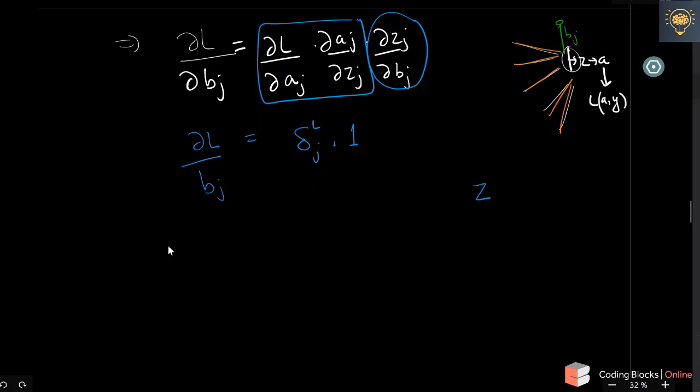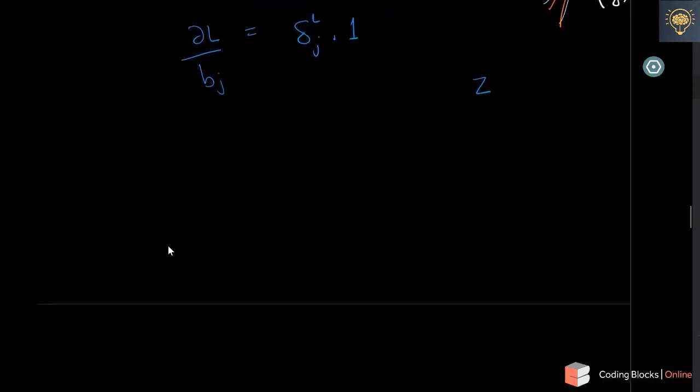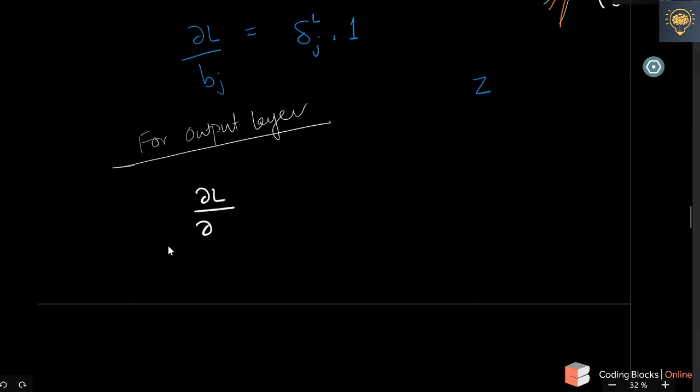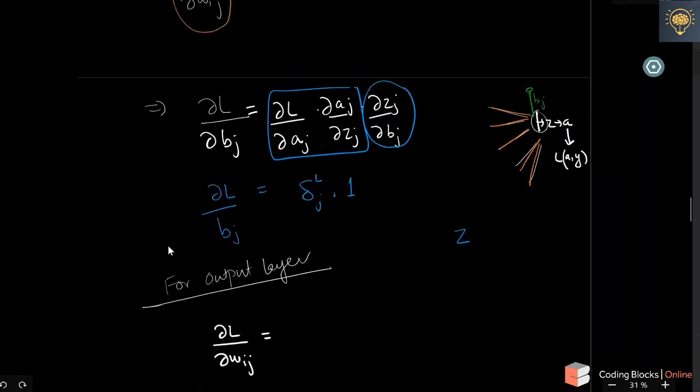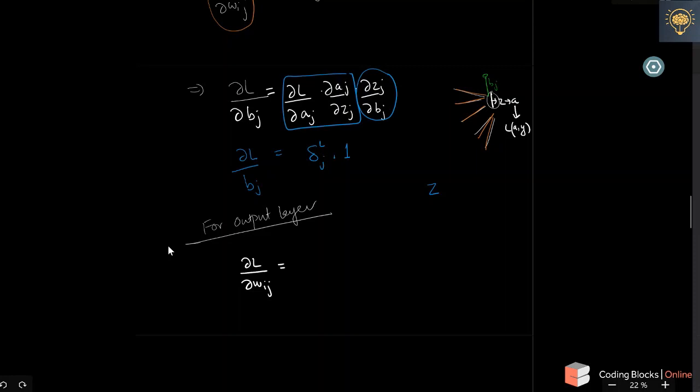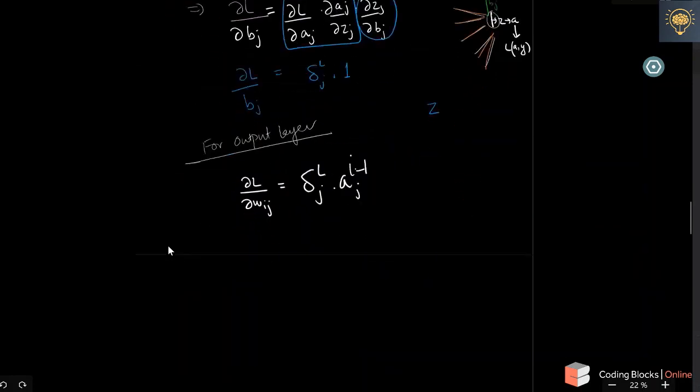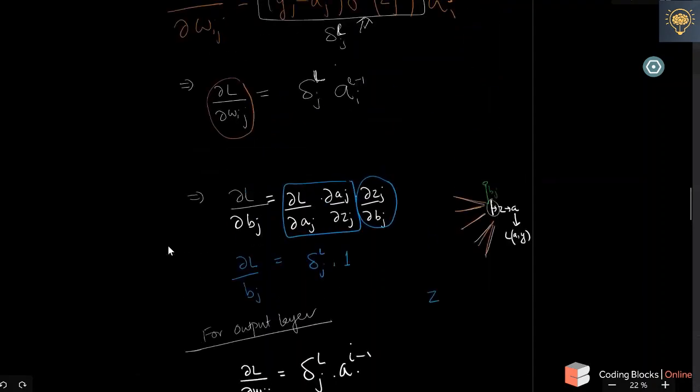And so finally, for the output layer, we got our final formula. We have delta L with respect to delta of W of ij. This is going to be equal to delta of Lj into A of L minus 1, the activation from the previous layer.